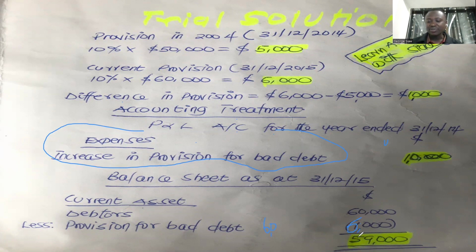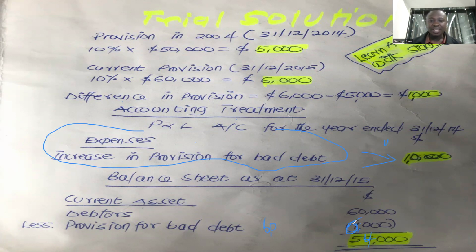Then we get 54,000. So the difference is going to P&L. Then the new provision, we made a new provision of how much? 6,000. And that is what is taken to the balance sheet.